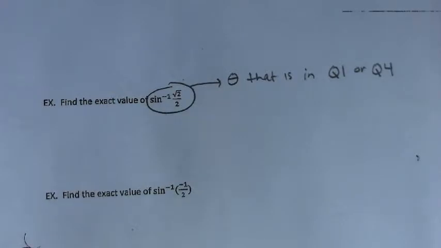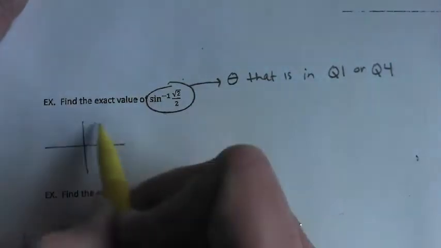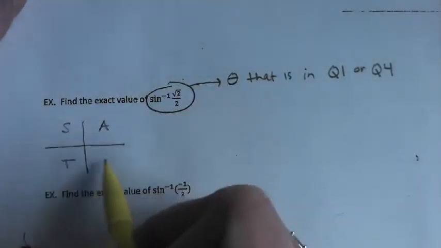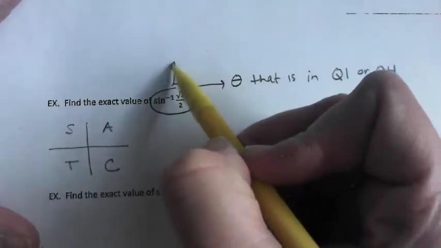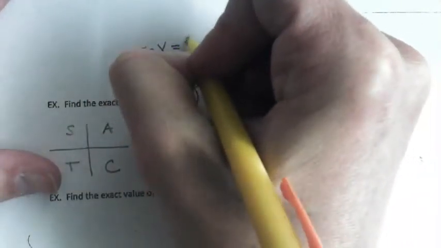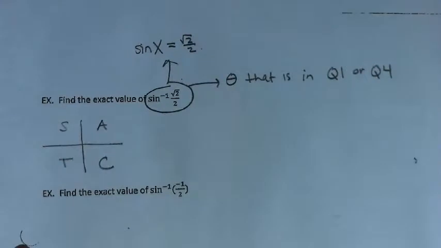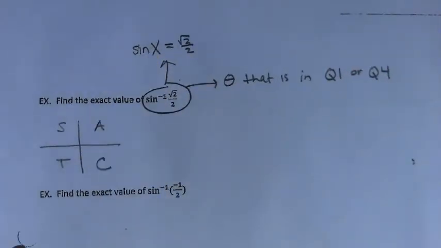When you're asked for the inverse sine of root 2 over 2, you're essentially being asked the sine of what angle equals root 2 over 2. That's really what you're being asked. It's to kind of think backwards. Here's the sine value. What is the input that goes with that?